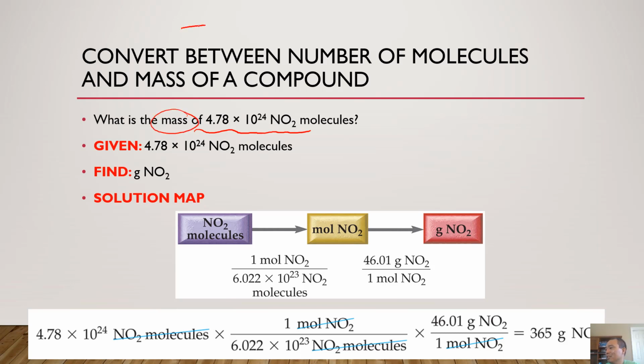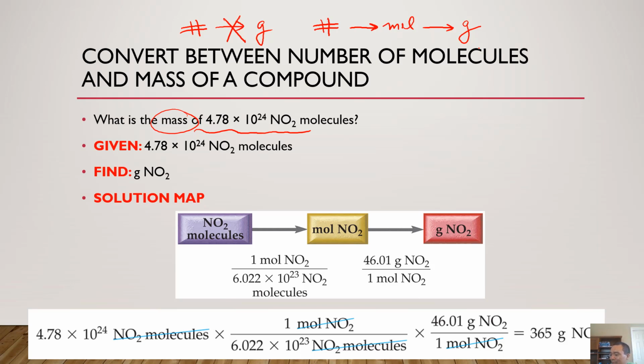Or in other words, can you convert a number to mass? No, you cannot do that directly. But we do know a number can be converted to mole using the mole definition. 1 mole is 6.022 times 10 raised to 23. Then mole can be converted to grams using molar mass. That's exactly how you do it.